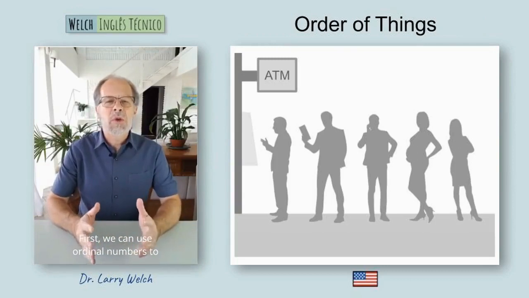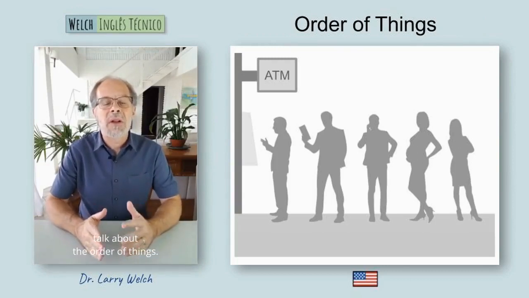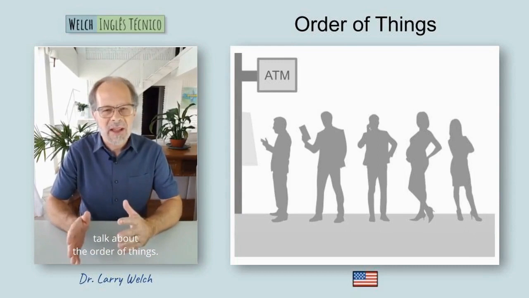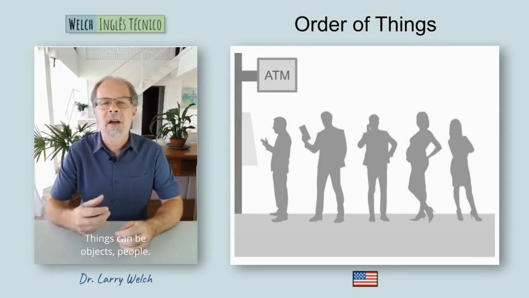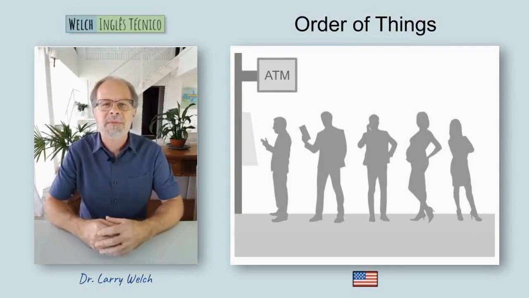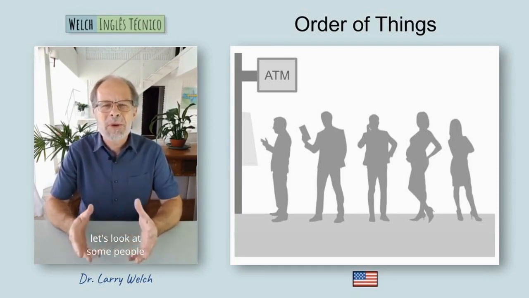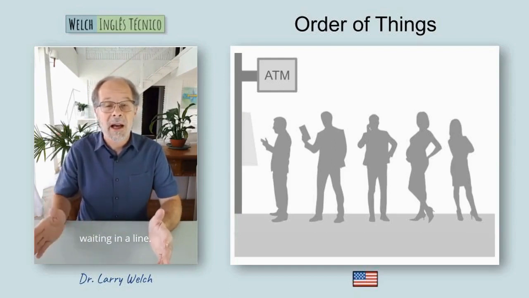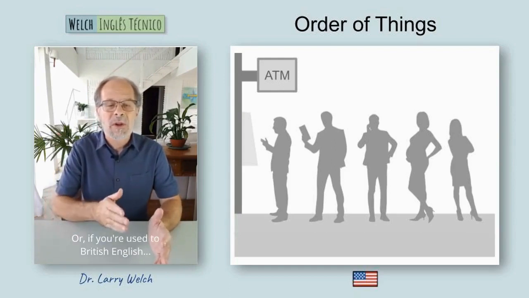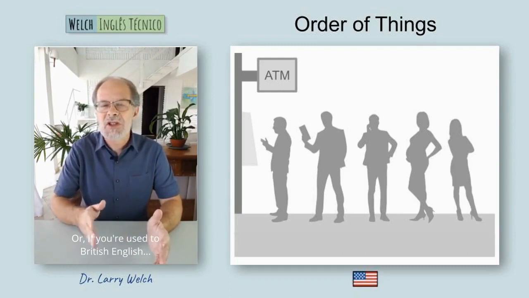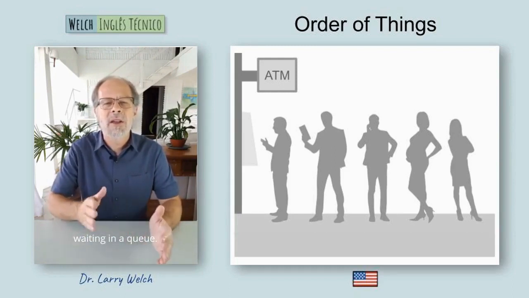First, we can use ordinal numbers to talk about the order of things. Things can be objects, people, and in this example, let's look at some people waiting in a line. Or if you're used to British English, waiting in a queue.